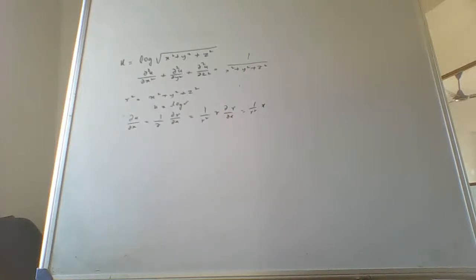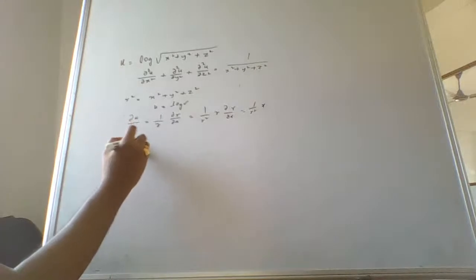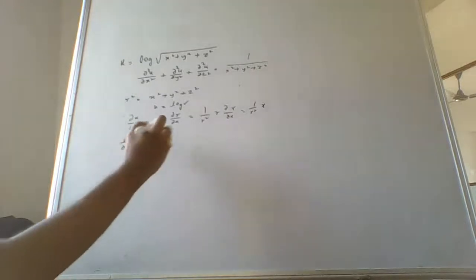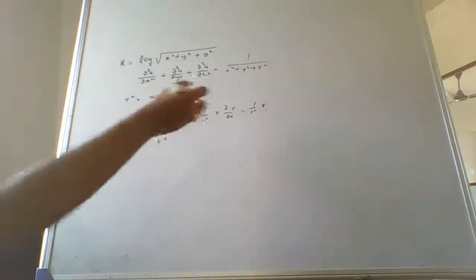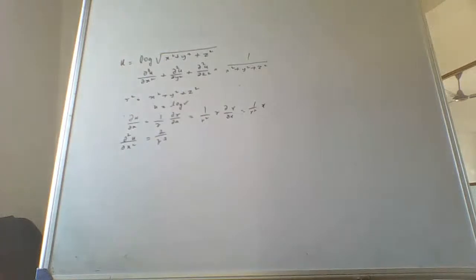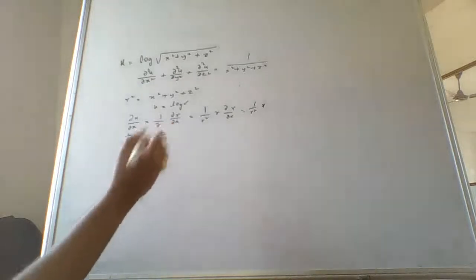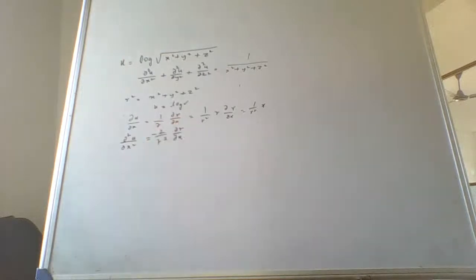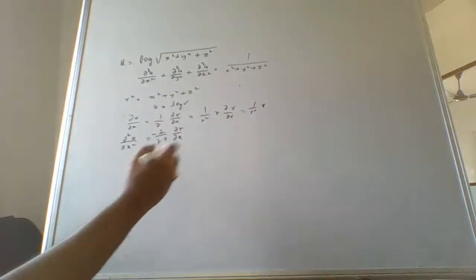Let me try to solve the next part of the problem, that is we have to get dou square u by dou x square. So that is minus 2 by r cube, because it is 1 by r square, so that will be minus 2, and this is dou r by dou x, again into x.